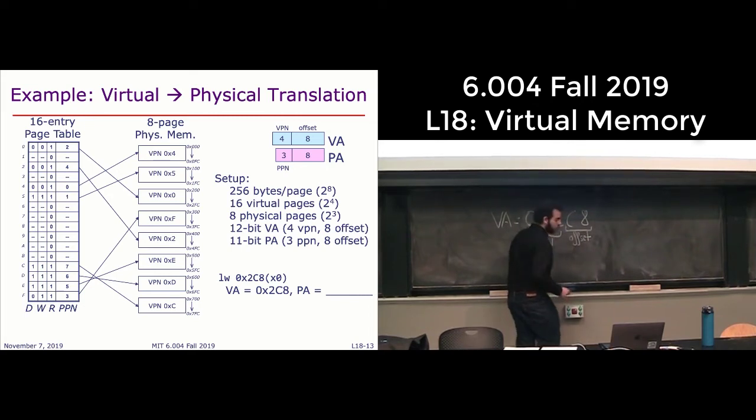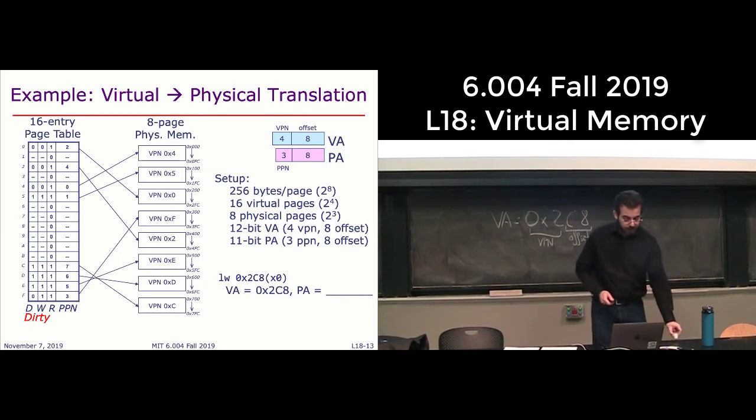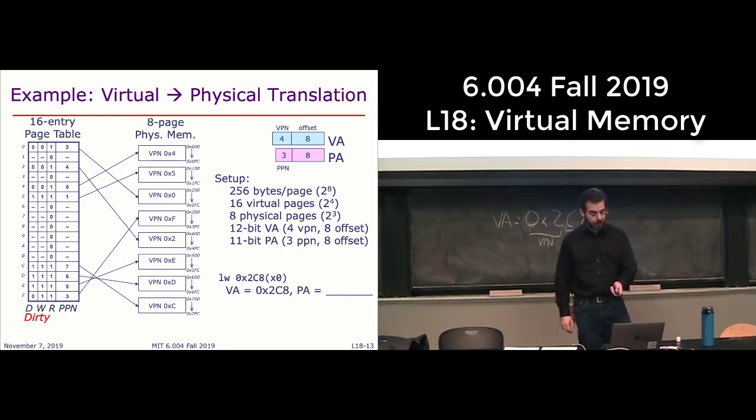So now that we have the virtual page number, what do we do? We go to the page table. Our page table is going to have 16 entries, and we need to go to entry 2, right? Before that, let me tell you about the precise format of this page table. Each page table entry is going to have 3 bits apart from the physical page number. The first one is the D, or dirty bit.